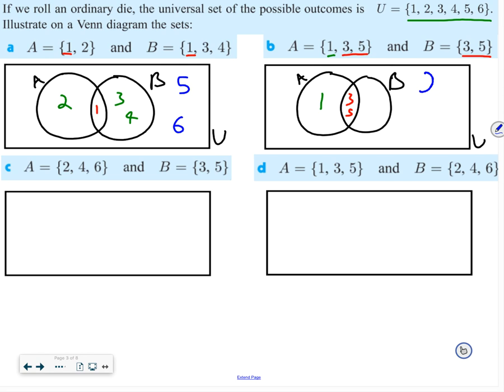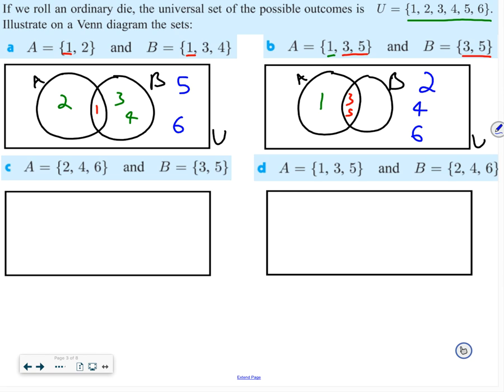Well, we're missing 2, we're missing 4, and we're missing 6. So they're in our universal set here. Okay, if we wanted to, we could draw this separately, and we could draw B completely inside of A because it's a subset, but it's not necessary.